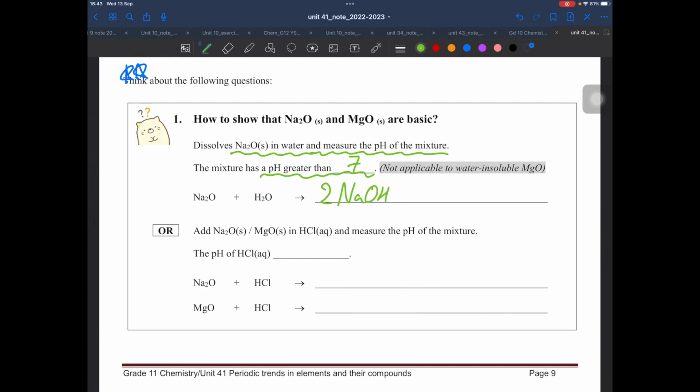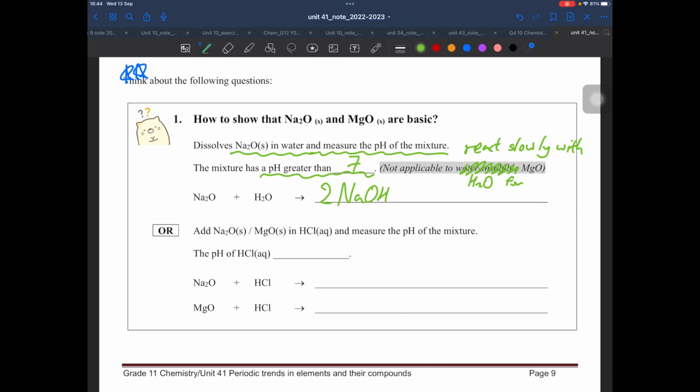But this seems not so good for magnesium oxide. Now here there is some amendment, okay? It is no good to write down that it is water insoluble. Instead, I would say it reacts slowly with water. For MgO, yes, MgO actually will react with water to form Mg(OH)2, magnesium hydroxide, but the process is very slow.